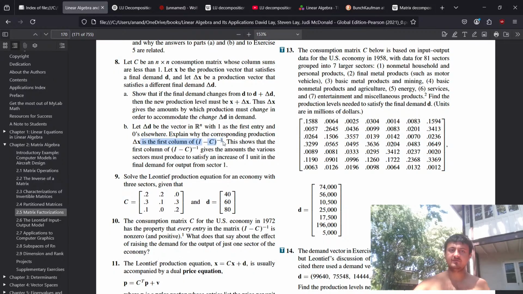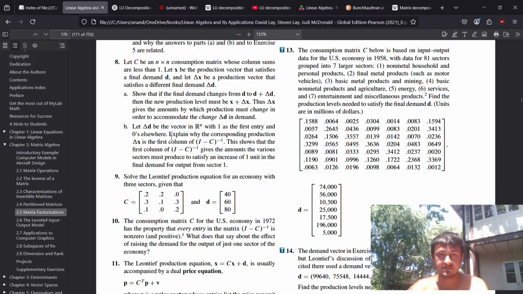Well, if we have I minus C inverse times some D, and D happens to just be 1, 0, 0 or something like that, then A times 1, 0, 0 is going to be the first column of A.